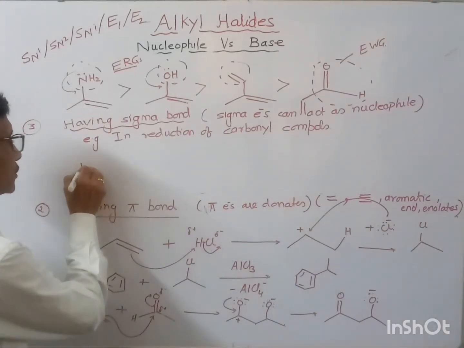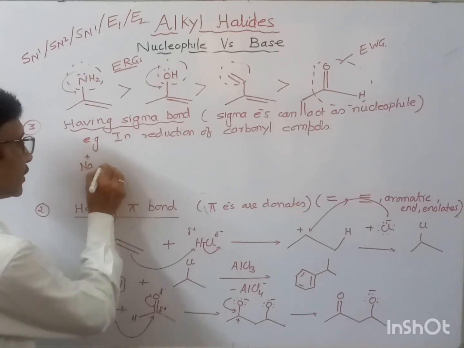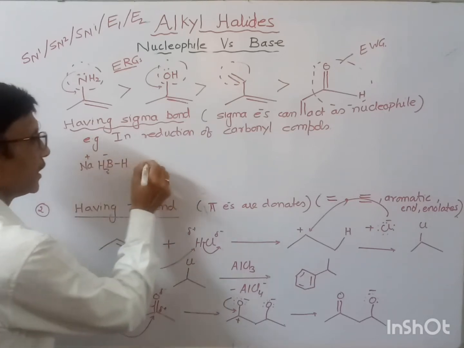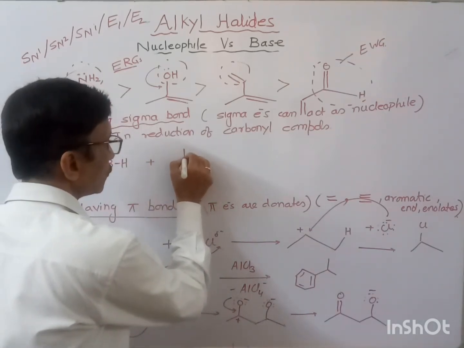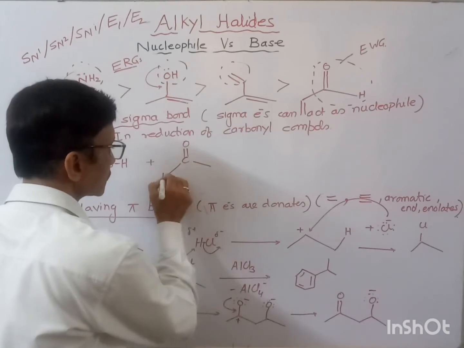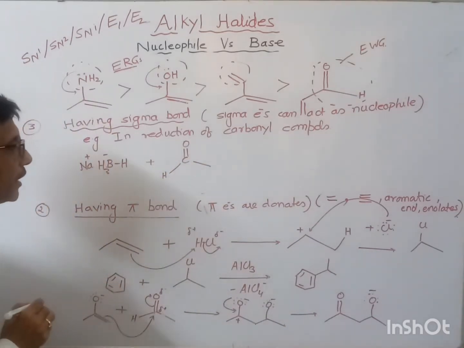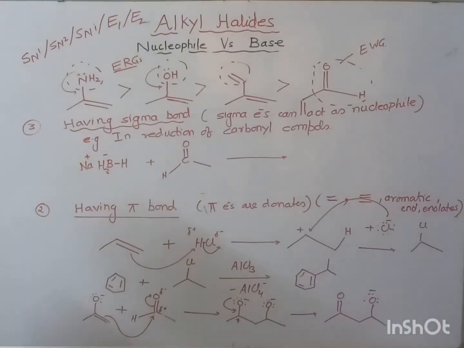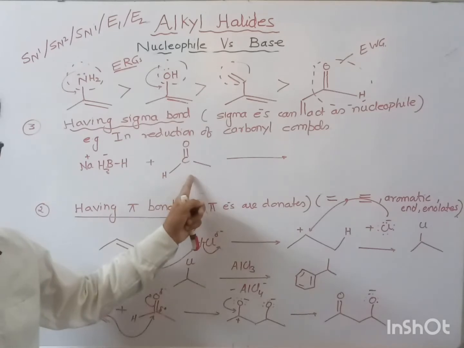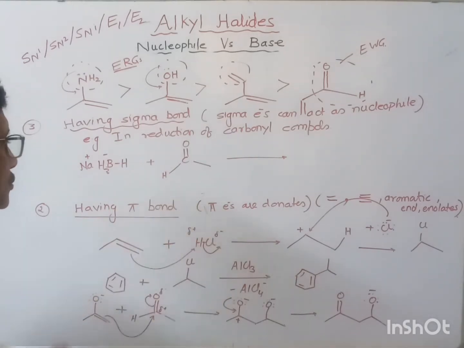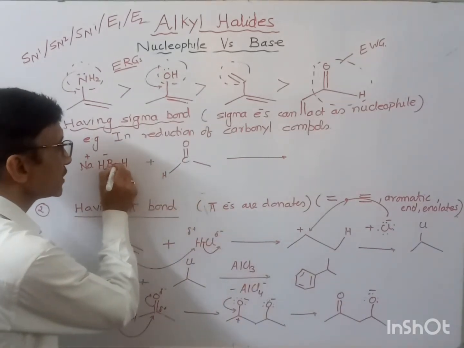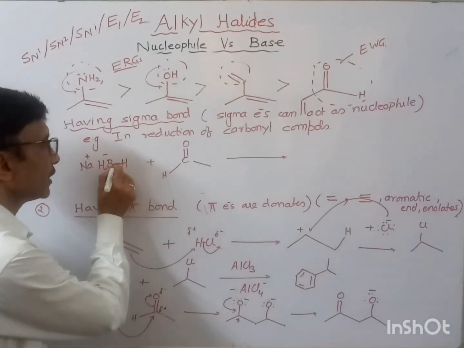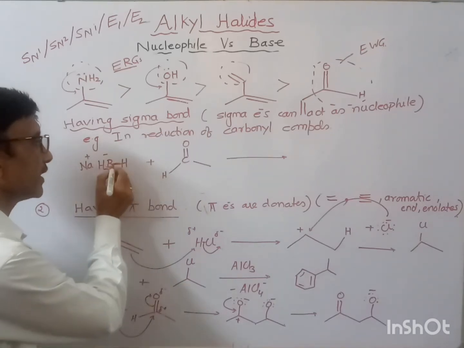So suppose we have sodium borohydride, and we have a carbonyl compound. Here this sodium borohydride or lithium borohydride can reduce this carbonyl compound, and the boron hydrogen sigma bond, the sigma electrons, will act as a nucleophile.